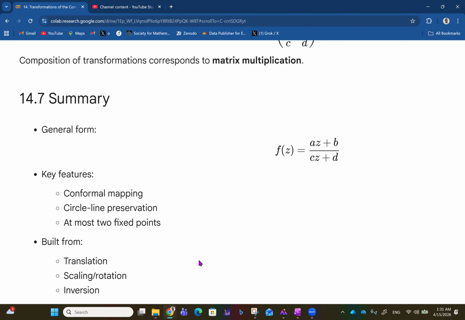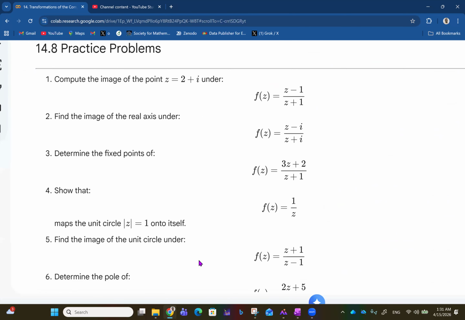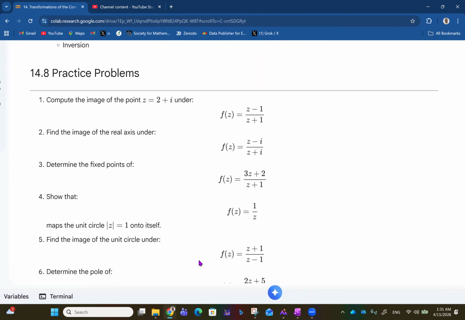So now let's go ahead. As usual, we have our practice problems. Here, compute the image of the point z equals 2 plus i under f of z equals z minus 1 over z plus 1. This is one of the problems I'm going to solve. I'm going to solve 1 and 20, the first and the last.